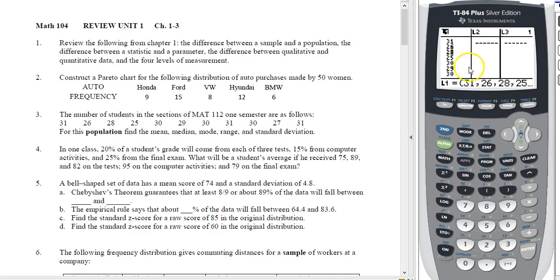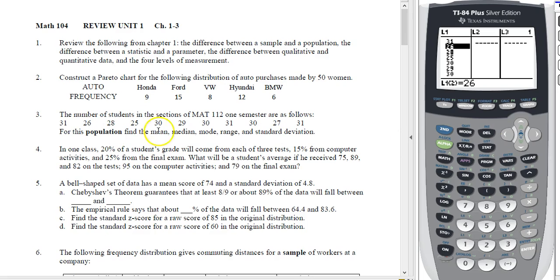All right, so I'm pretty sure I've got all those in there correctly. And actually, you can see when my cursor is on L1 that it just lists the whole list. When it's on a single value, it just lists that value. And there's a list, count one first item, list one second item, and so on.